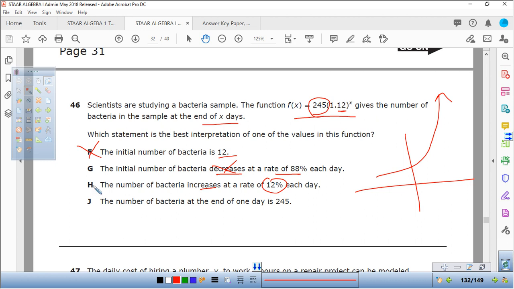Increases by that much, yes, I like that one. The number of bacteria at the end of day 1 is 245. Actually, at day 1, you put a 1 here, right? Okay, so when you multiply 245 times this 1.12 right here, when it becomes a 1, it just means that. So I multiply 245 times this, it's already more than 245.